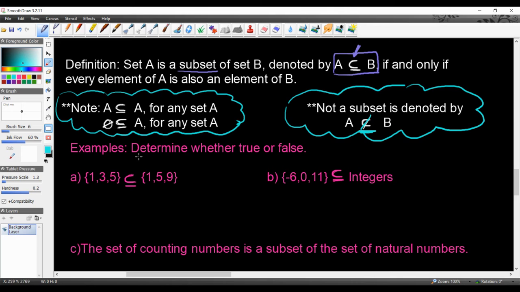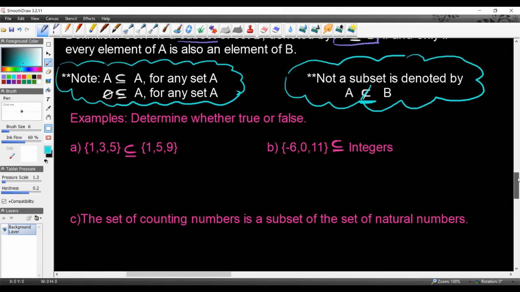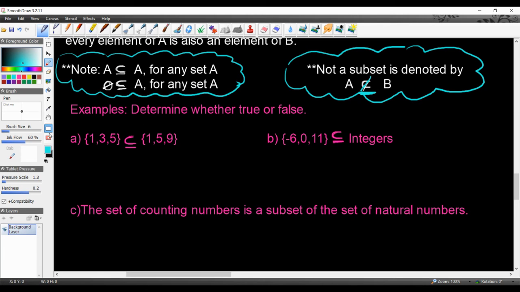Okay. So we're going to go right into some examples just to see how this is used. Let's look at letter A. By the way, we're determining just true or false. Okay. So we have 1, 3, and 5. So let's say that this is A and this one is B. We want to know if A is a subset of B. So let's see.